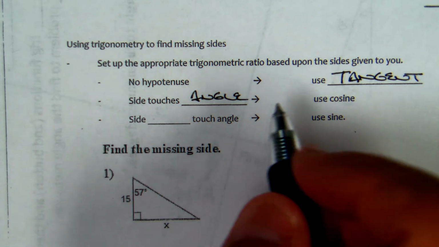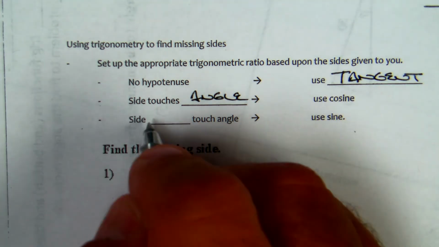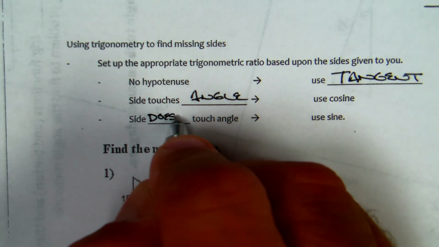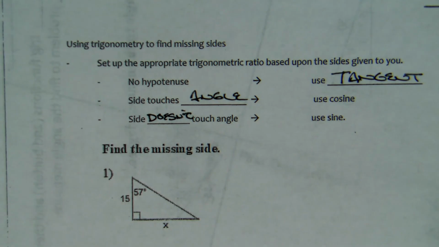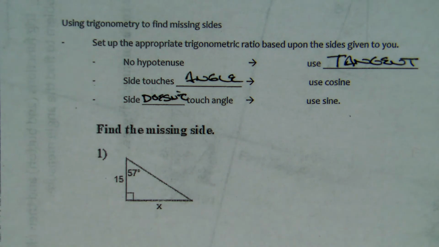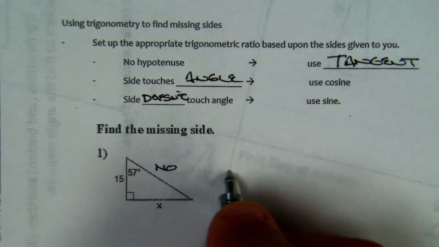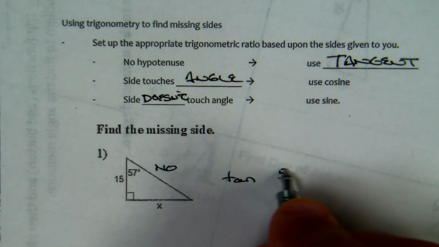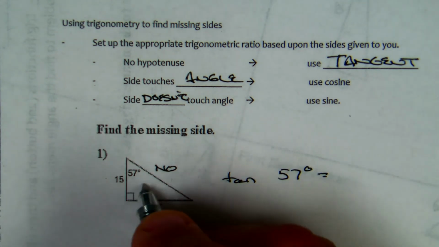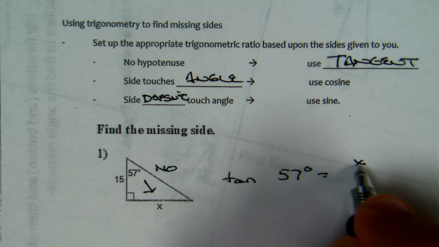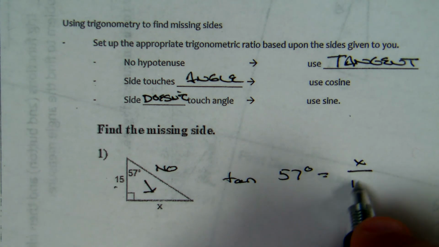If the side doesn't touch the angle, we use sine. So if I look at number 1, is the hypotenuse involved? No. So it's got to be tangent. Tangent of 57 degrees equals the opposite, which is x, over the adjacent, which is 15.